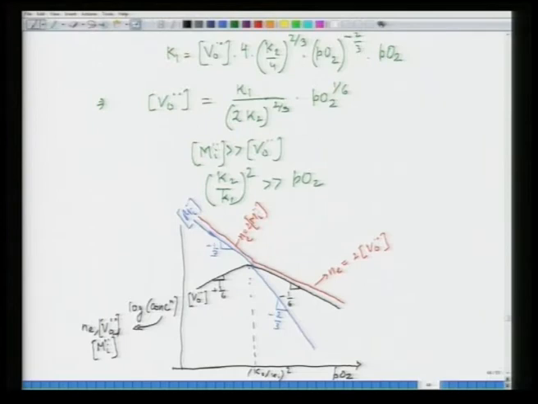So we constructed on this basis a diagram, a plot of concentration of defects versus partial pressure of oxygen, where we clearly see how the defect concentrations vary as a function of oxygen partial pressure.